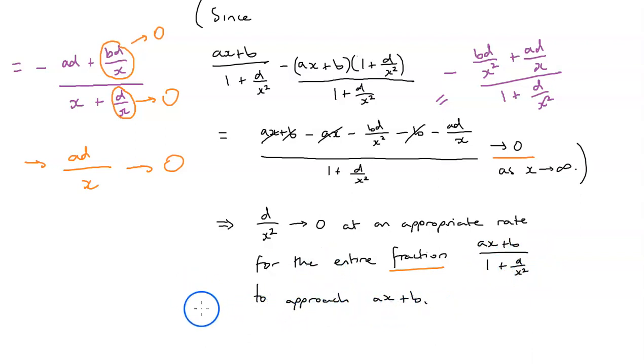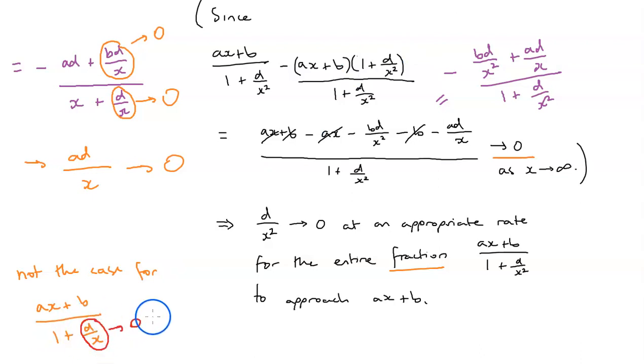Whereas that was not the case when we had (ax + b)/(1 + d/x). In that situation, the d/x went towards 0 too slowly for the whole thing to get closer and closer to ax + b. Right, that'll do.